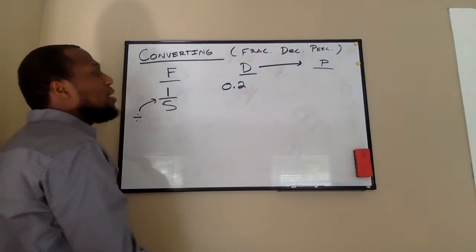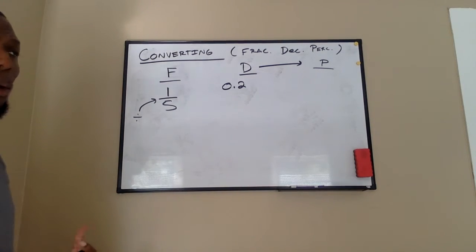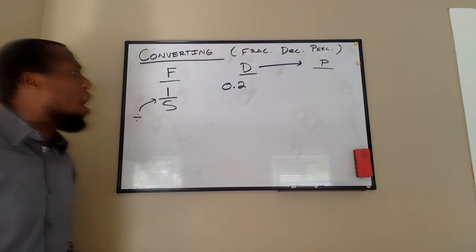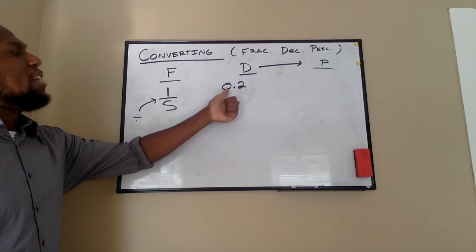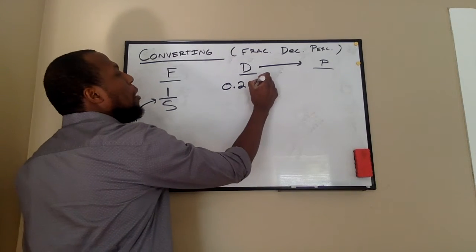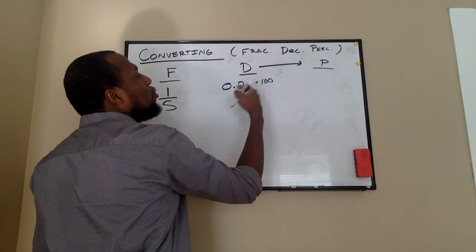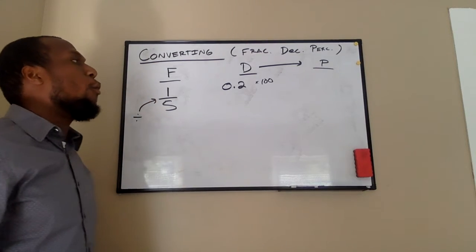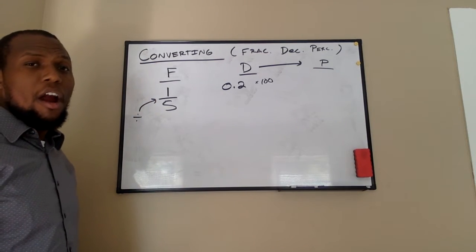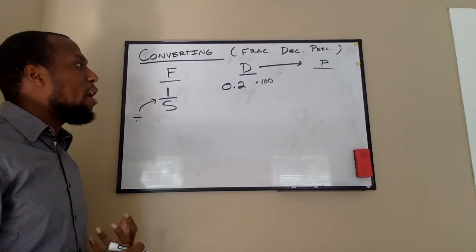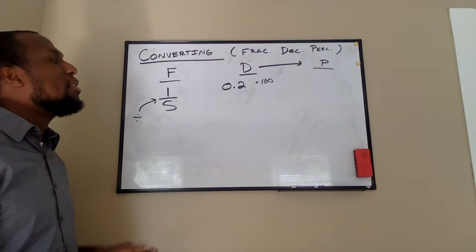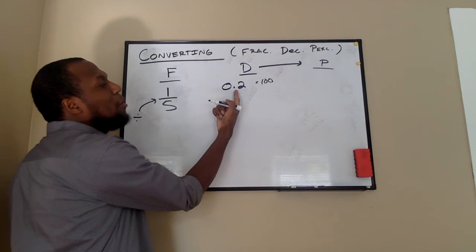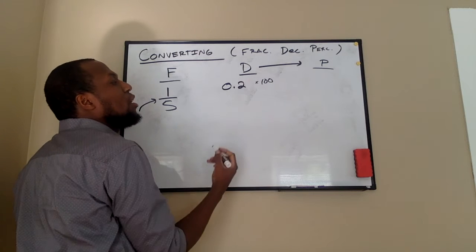Now when going from decimal to percent, what we are actually doing is multiplying by 100 to convert that over to a percentage. To shorten this up for us, what that does is it moves the decimal place to the right.